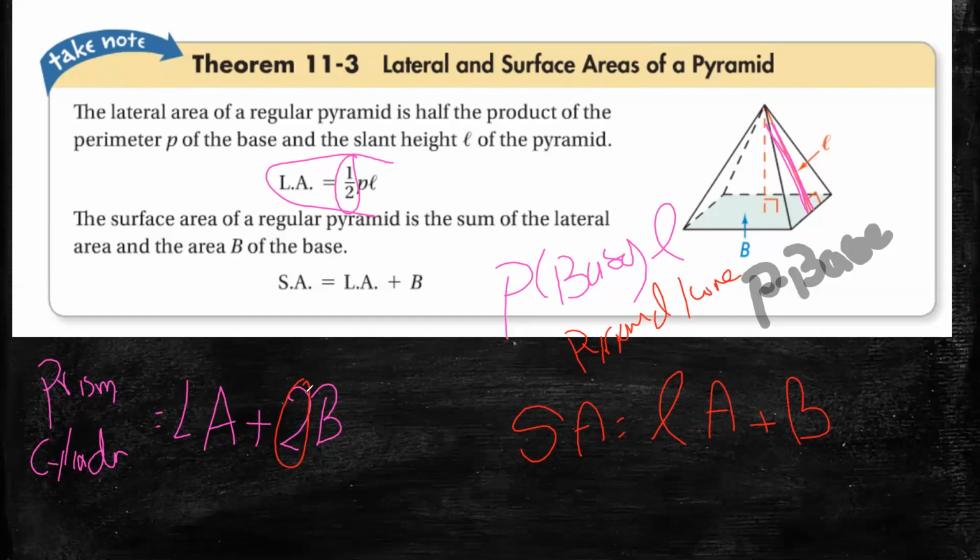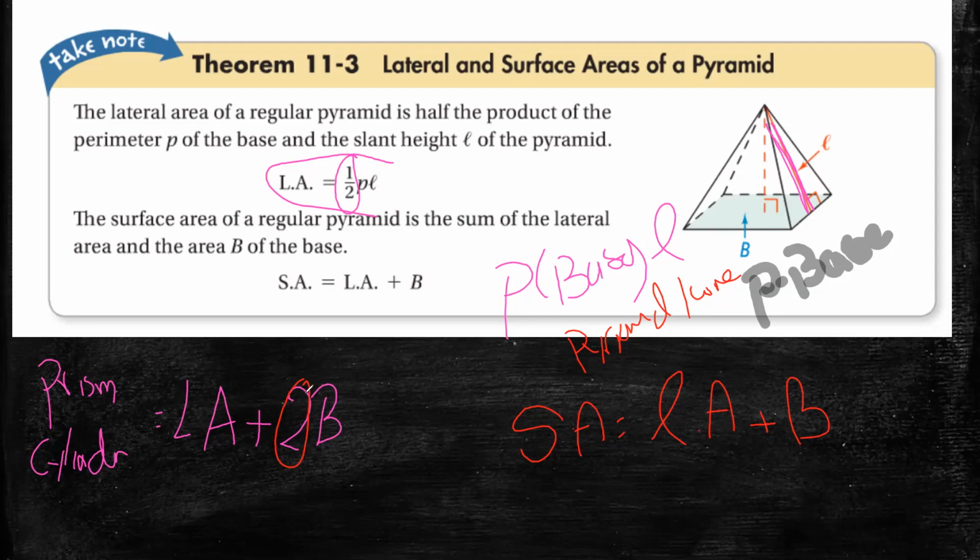I just add it to the area of the base. So for the prism and for the cylinder, the surface area is the lateral area plus 2 times the area of the base. Here, it is plus 1 times the area of the base. Then we also said, how can we find the lateral area for the prism or for the cylinder?